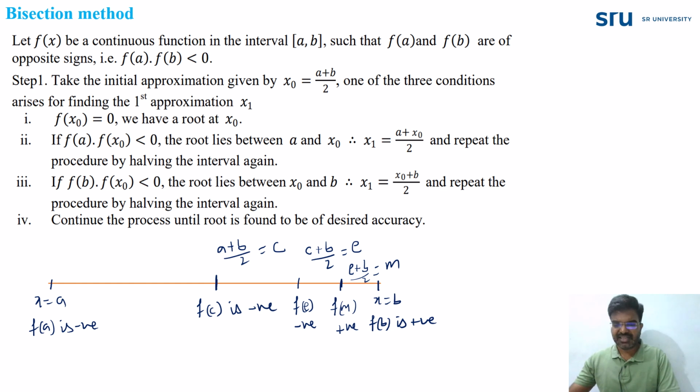Then the root lies between e and m, because the function has opposite signs at e and m. We have to continue this process. It is an iteration process. In every step, we are moving very close to the root. After a few steps, we can identify a better approximation of the root in this method.